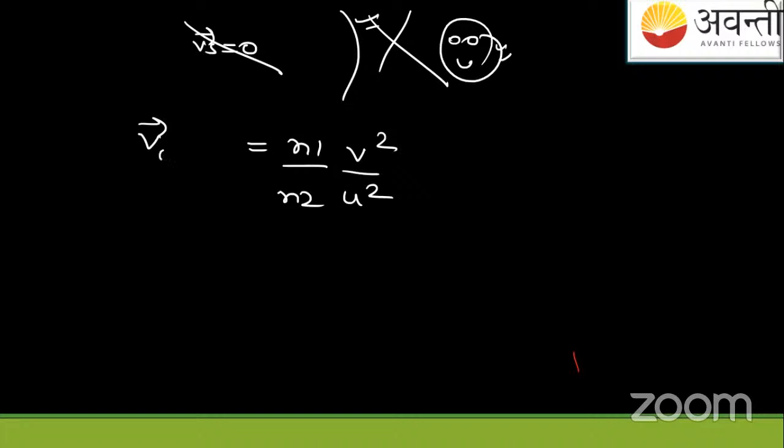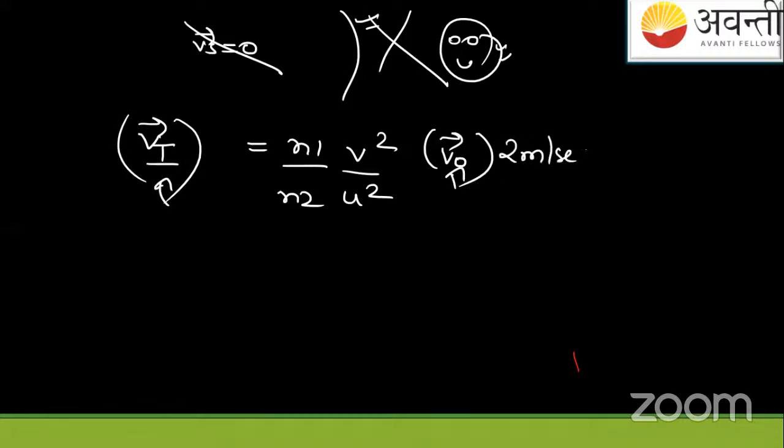This is the velocity of image. This is the velocity of object. Image, I don't know. Object is moving with what velocity? It's +2 meter per second here. N1 is how much? 1. N2 is how much? 1.5.